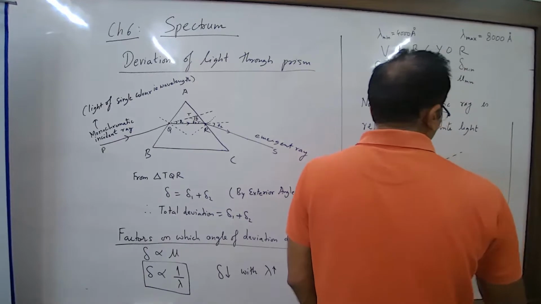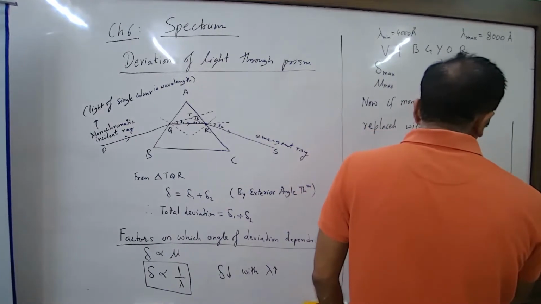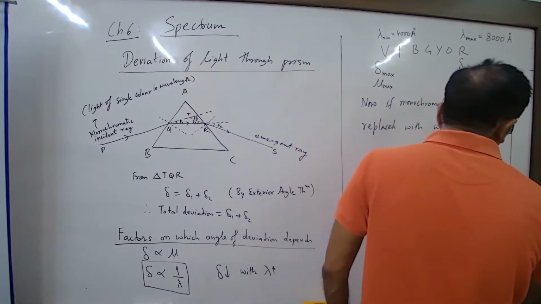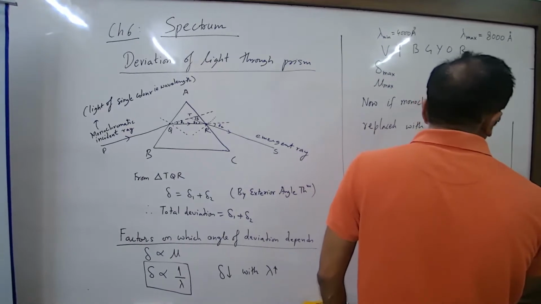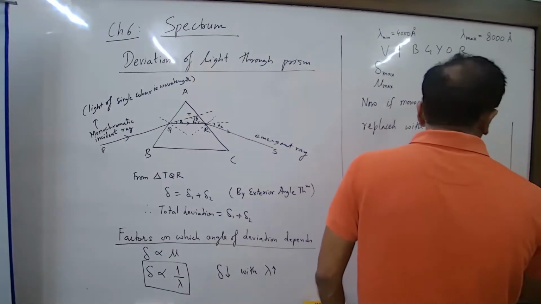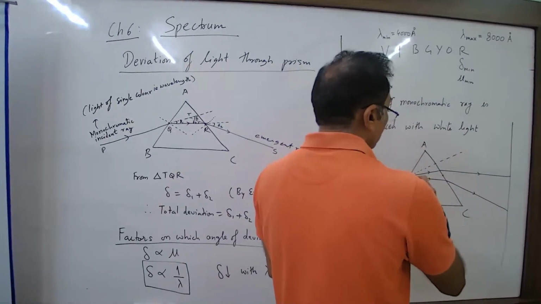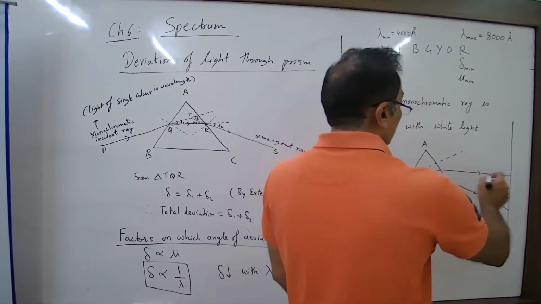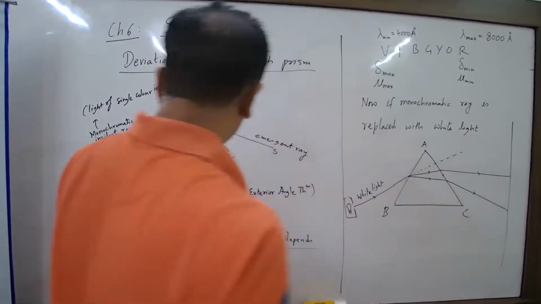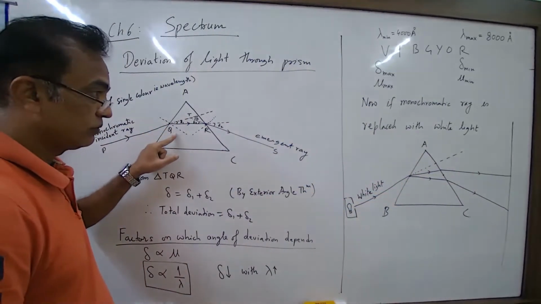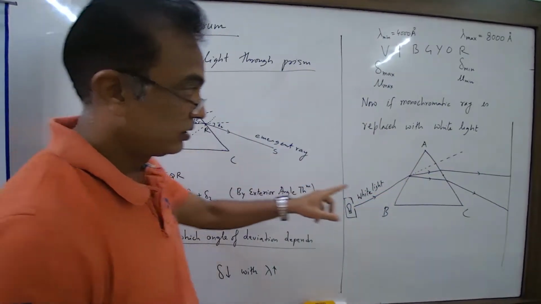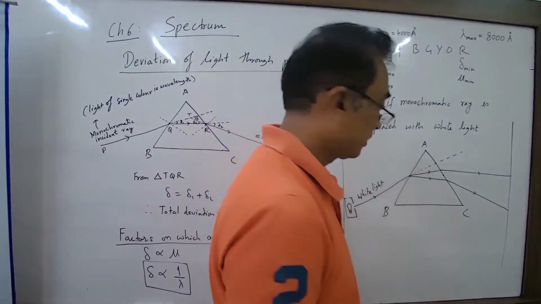Now when it comes out, it bends further away from the normal. So it deviated twice, one over here and one over here. There are two deviations, one on the face AB, second on the face AC, right?